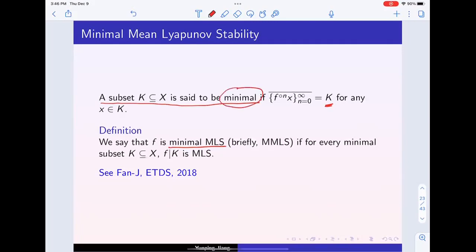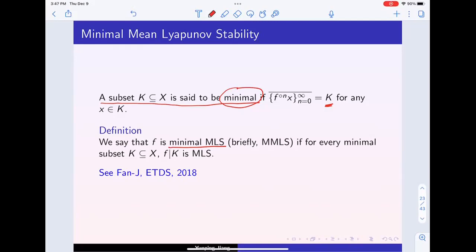That is also another word for a simpler dynamic system. If a dynamic system is minimal, it is supposed to be not very complicated, but there are many different structures there, so it can still be very complicated.